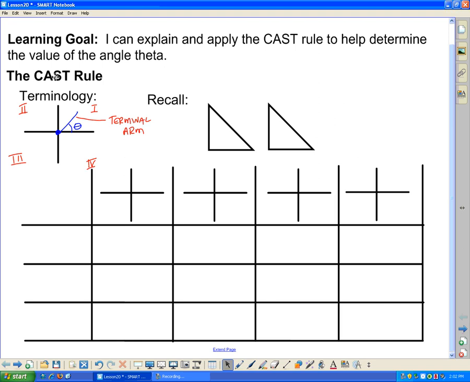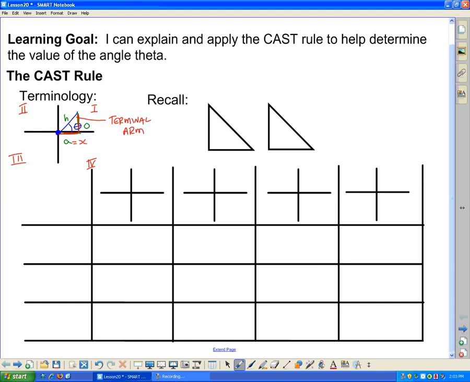What we're going to be focusing on is converting the sides of the triangle, how we traditionally label them, because we're creating a right angle triangle up here. Traditionally, we would mark this as the opposite side, this would be the hypotenuse, and that's the adjacent side. We're going to change the terminology a little bit, because if we plot this terminal arm on the XY axes, we find that the adjacent length is actually the value of x.